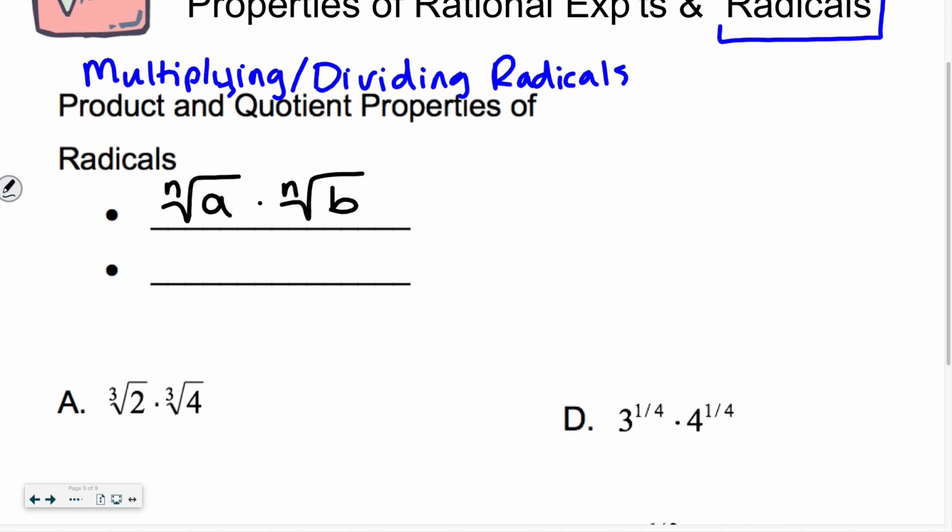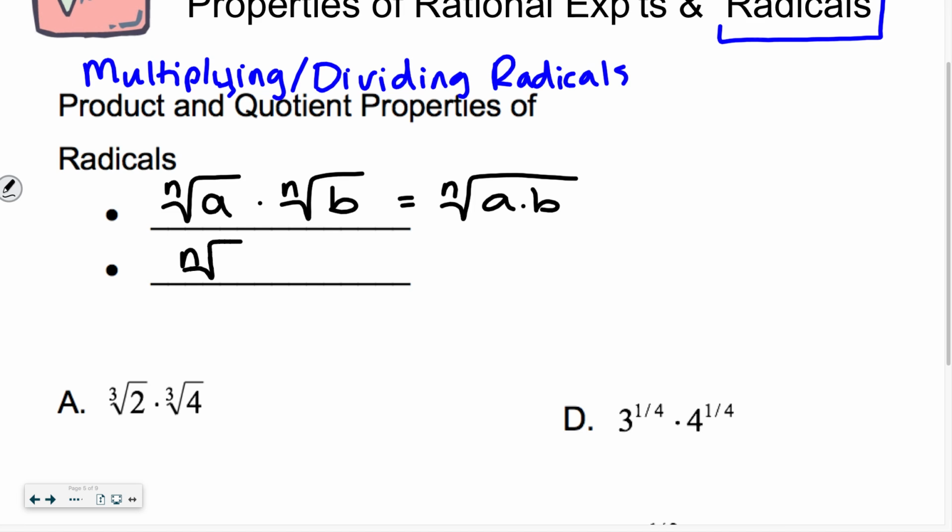So you have to have the same root. If you have the same root, so I'm multiplying 2 square roots or 2 cube roots or 2 fourth roots, then I can multiply the radicands under one root. It stays the nth root. And division is similar.